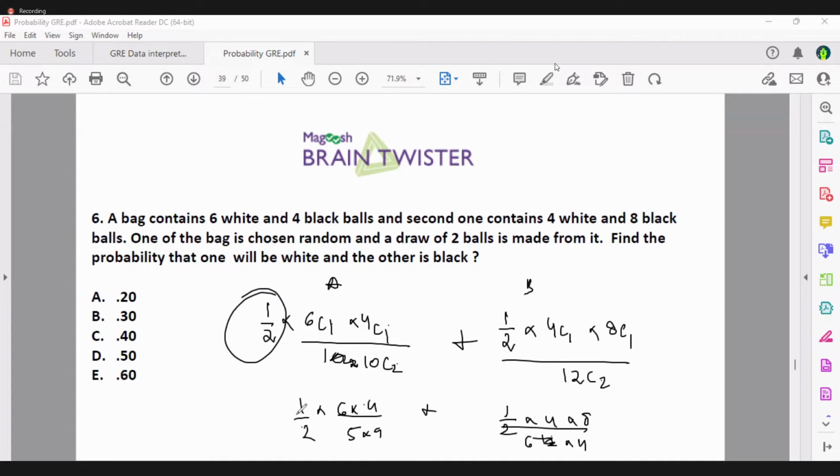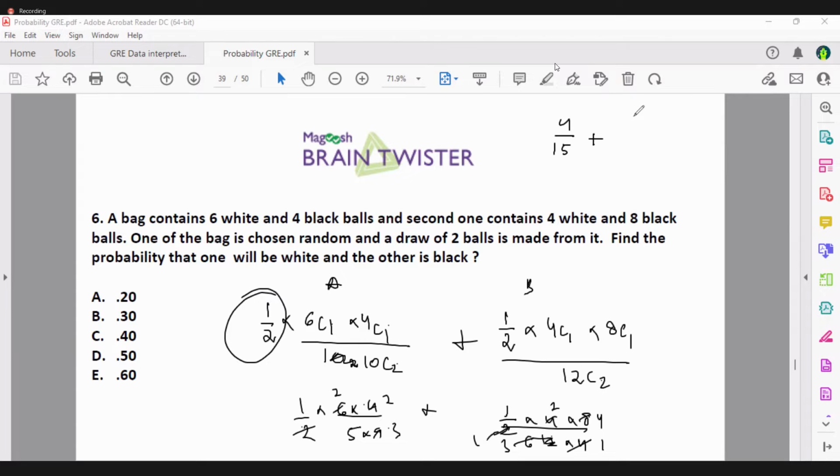So this would be this and half times 4 times 8 over 12 times 11, or 6 times 11. So when you cancel, here it would be 2 times 3, 2 times 3, times 3. So 4 over 15 plus this will be 4 times 1 over 12 times 11. So this is 3 and this would be 4 and this would be 1 and this would be 2.